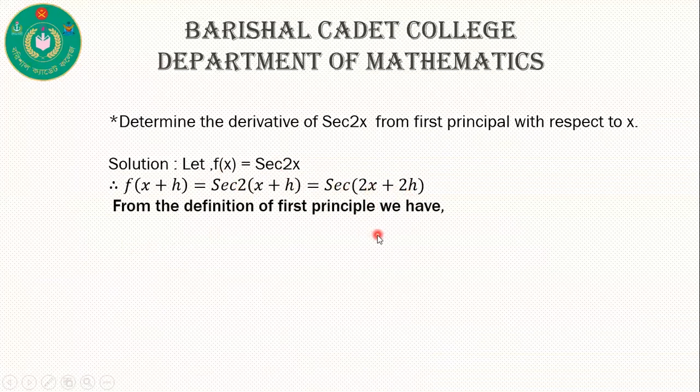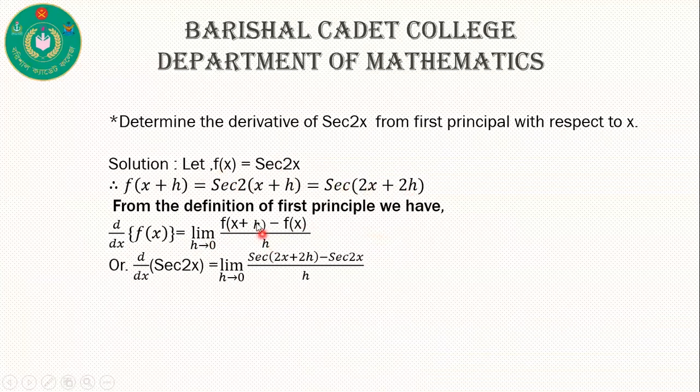From the definition of first principle, d/dx f(x) = limit h tends to 0 of [f(x + h) - f(x)]/h. Now putting this value here, d/dx sec 2x = limit h tends to 0 of [sec(2x + 2h) - sec 2x]/h.